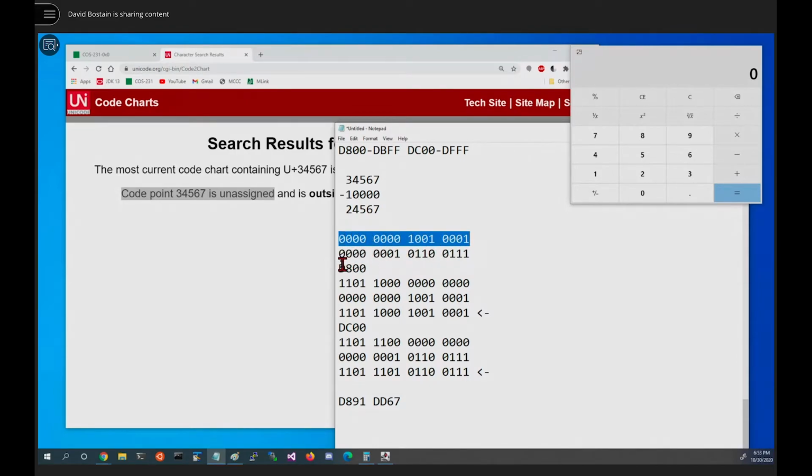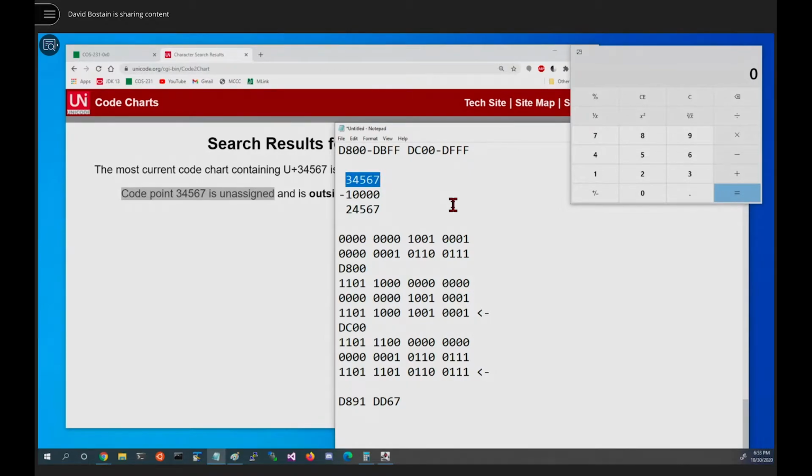Then we took the first one and added it to D800, which made our high surrogate. And then we took the second one and added it to DC00, which gave us our low surrogate. So this is the encoding of that number in UTF-16 Big Endian.